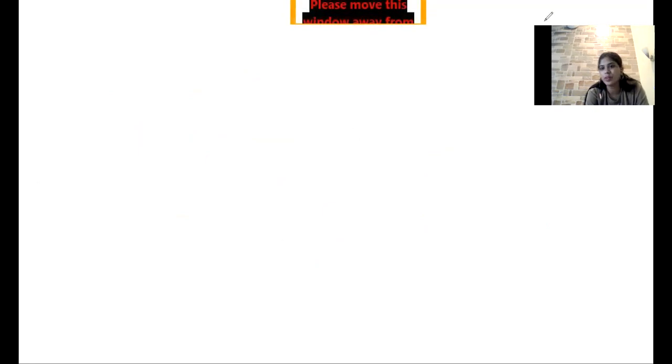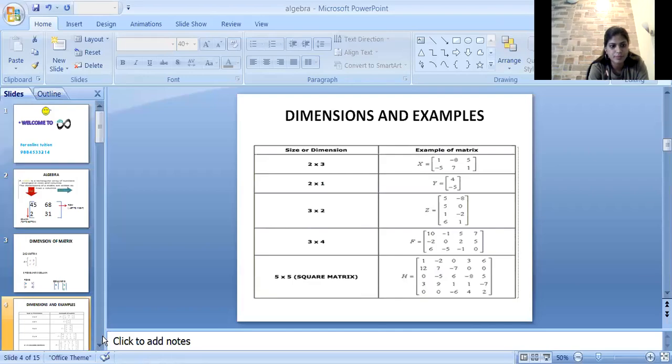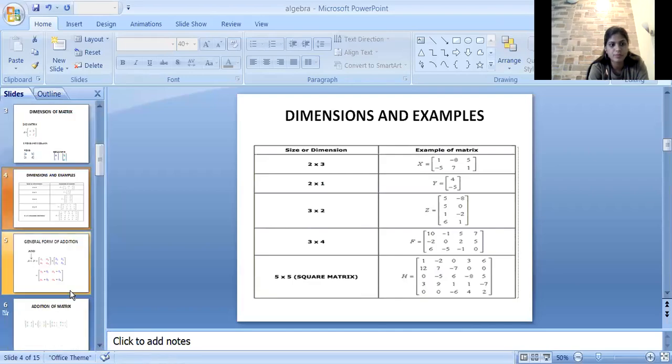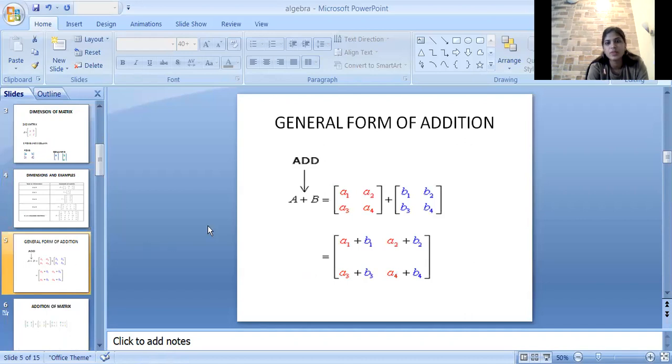So now we are going to learn about the addition and subtraction performed in the matrix. So this is the general form of addition. Please note it down, or else take a screenshot. A matrix A and matrix B. So when you add matrix A and matrix B, you will be performing the addition between the elements present in the matrix.